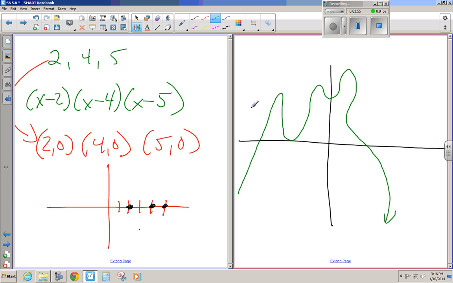Something like that. Okay. So, from the last class, we know that right here is 1, 0. And right here is an even number of zeros. And right here is an odd number of zeros. And up here are pairs of imaginary. Okay? Pairs of imaginary.